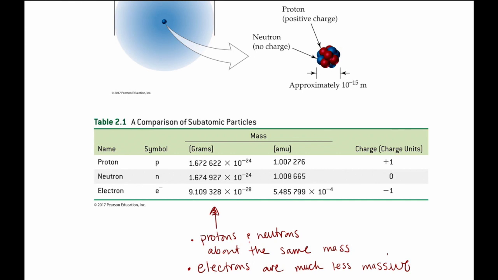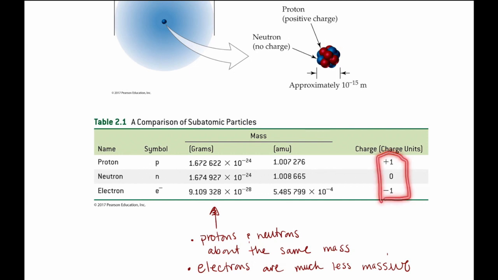And what they've done here is use a unit we're going to start looking at too. This is a unit of mass, AMU, atomic mass units. It's just a scale to help us understand such small masses a little bit better. We have proton and neutron at about 1 AMU, and the electron is quite a bit less than that.